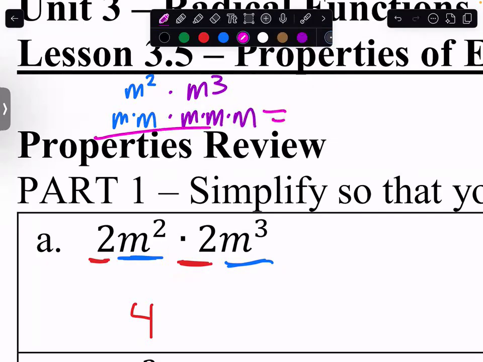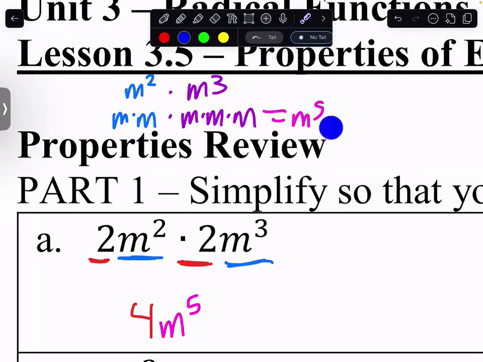So when you multiply m squared times m to the third, you get 1, 2, 3, 4, 5 m's all together. That's the shortcut, but I was just showing a strategy if you forget the rule. If you forget the shortcut, you can figure it out by expanding it.